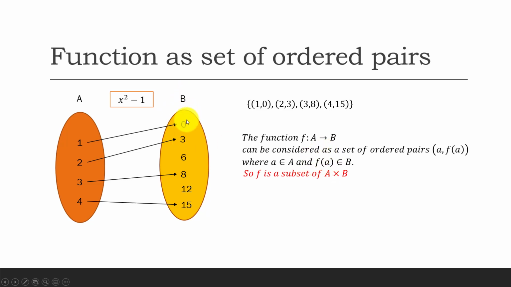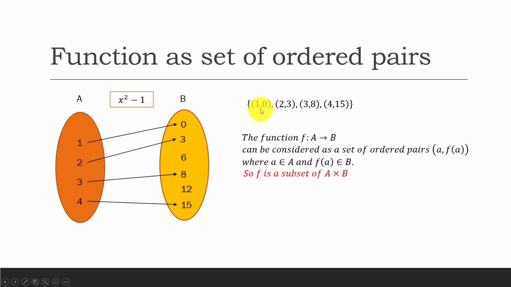Because b is f of a, as we have seen in the previous slide, which belongs to B. So we can easily say that a function f is a subset of A cross product B, right? If I take the cross product of A and B, it is (1, 0), (1, 3), (1, 6), (1, 8), all these things, then (2, 0), (2, 3). Then f must be a subset of A cross B, correct? So we can also write functions in this way.